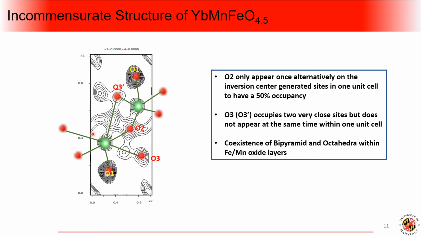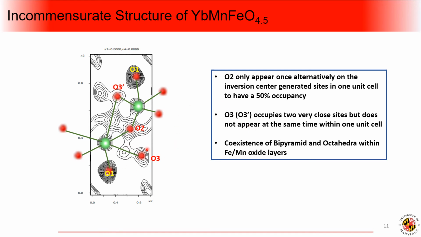In the average structure, since there's an invariant symmetry, there will be two O2 atoms within one unit cell. However, because of modulation, the O2 can only appear once, either on the right or on the left in the unit cell. So it's roughly a 50% occupancy. And the same for the O3 atom.